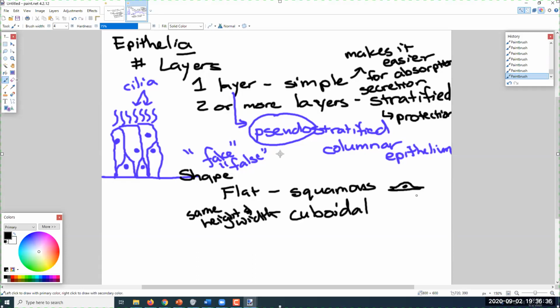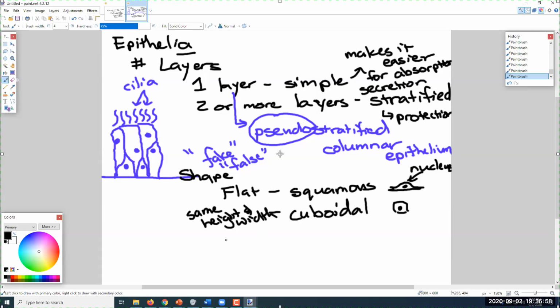Okay. It's not going to be exactly the same height and width. It will be very similar though. So sometimes you'll see something like this. Okay. This little black dot in the middle is the nucleus. Once again, it's not going to be exactly the same width and height, but it's going to be pretty close.